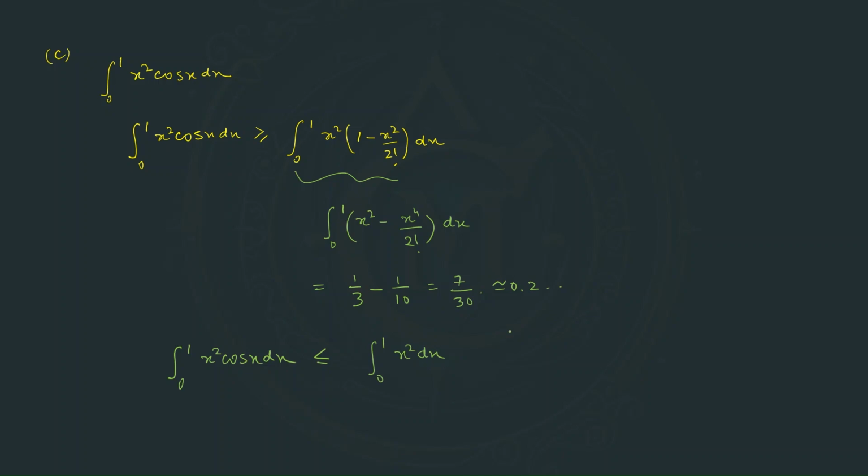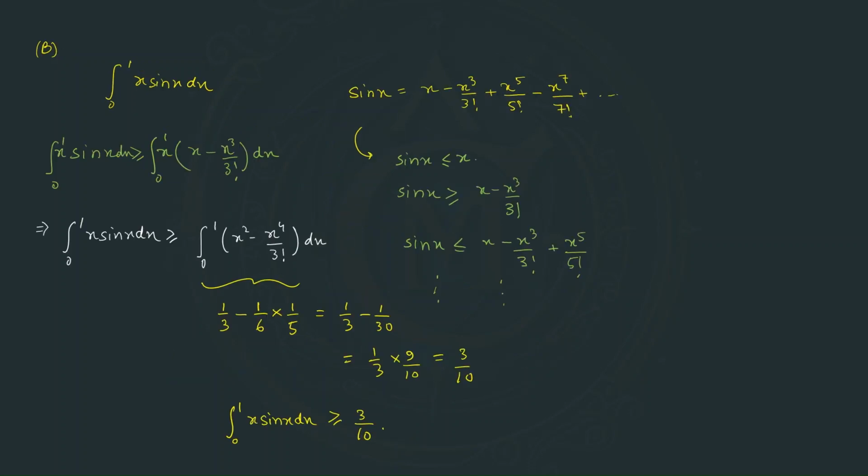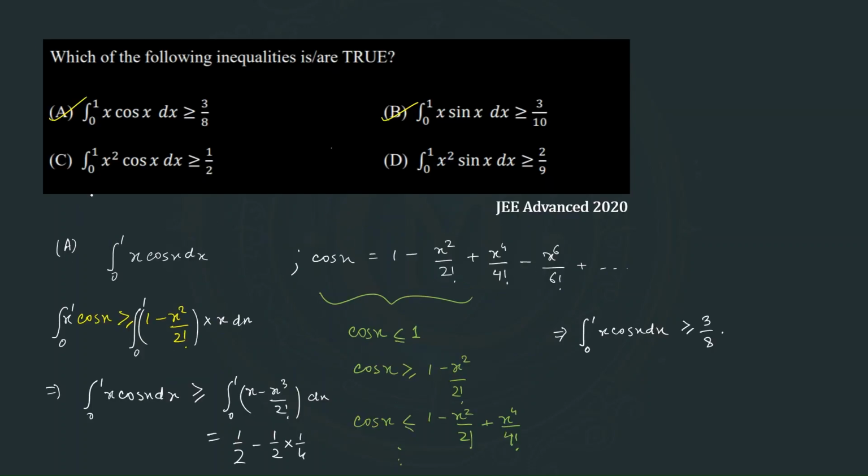How? Because we discussed that cos x is less than or equal to 1. So this right hand side integral, if we evaluate, it will become 1 by 3. So we know integral 0 to 1 x square cos x dx will always be less than or equal to 1 by 3. So we know 1 by 3 is almost 0.33, but here the option is saying that this integral is greater than or equal to half, which is 0.5.